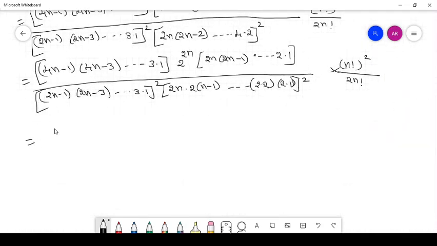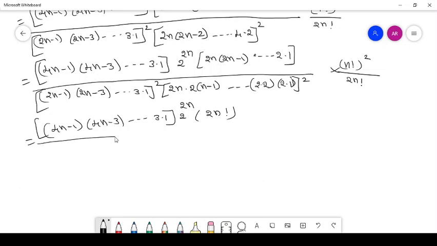It is equal to 4n minus 1, 4n minus 3 up to 3 into 1, 2 power 2n. This is 2n, 2 into 2n minus 1 into 2n minus 2 up to 3 into 2 into 1, which is nothing but 2n factorial, by 2n minus 1 into 2n minus 3 up to 3 into 1 whole square.